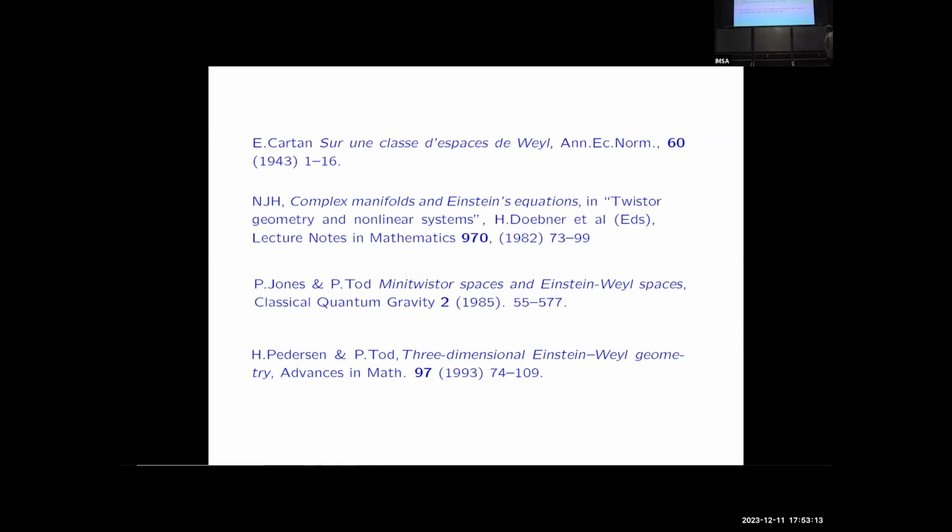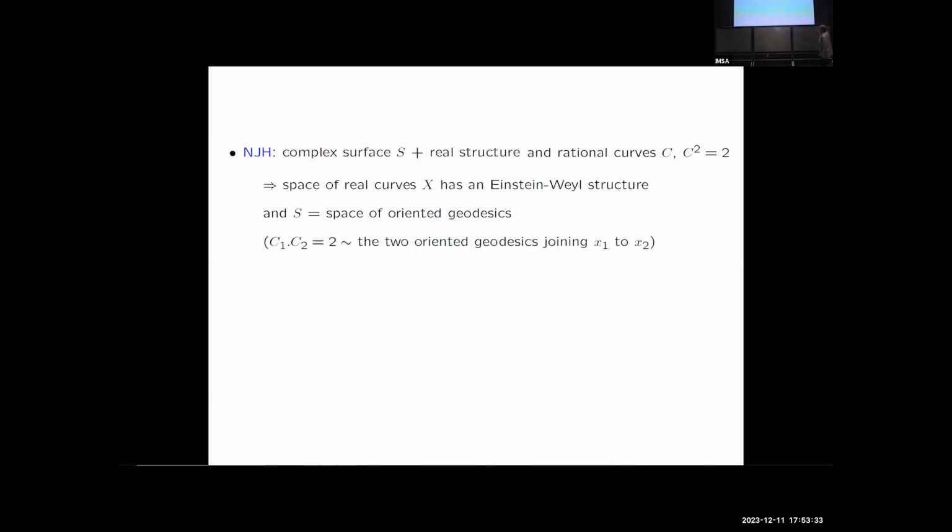So this structure was looked at first by, obviously, Weyl, but in particular by Cartan. And then I came on it in the early 1980s, and it was developed a bit by students. So here was my take.